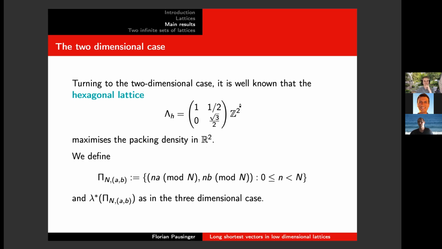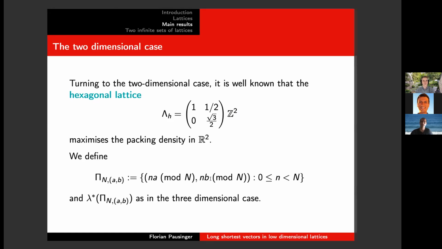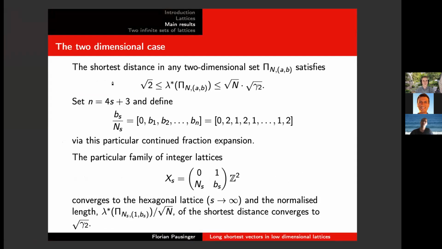So the hexagonal lattice can be defined in this way. Now we can define our point sets analogously, and we also define the shortest distance lambda star for these point sets. And it turns out that with a similar volume argument, we get that lambda star has to be upper bounded by square root n times the square root of the Hermite constant.